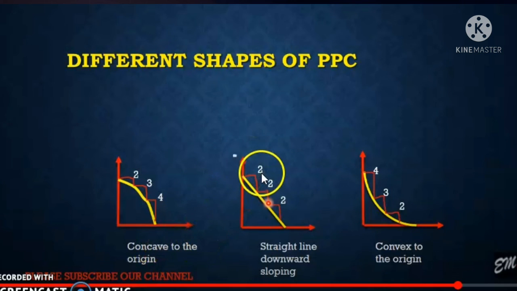Here it is the same, 2, 2, 2, so it's a downward sloping straight line, and the marginal cost is the same. Then it is convex to the origin because it's downward sloping, that is 4, 3, 2. The trend is going down, so it is convex to the origin. These are the different shapes of the PPC.